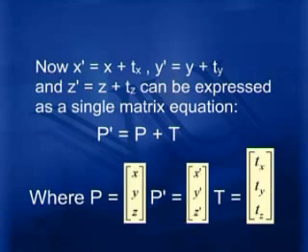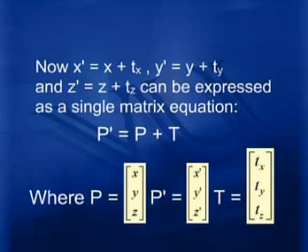They can always be expressed as a single matrix equation, the way we have been doing before. Where P is the x, y, z vector, P dash is x dash, y dash, z dash vector, and T is the tx, ty, tz vector, and the matrix equation would be P dash equals P plus T.